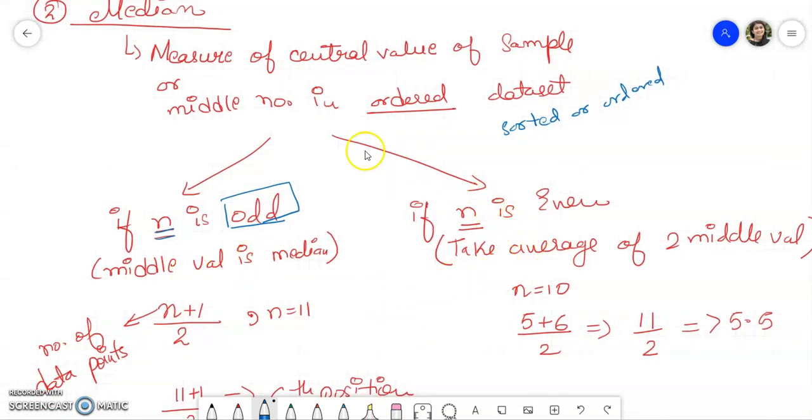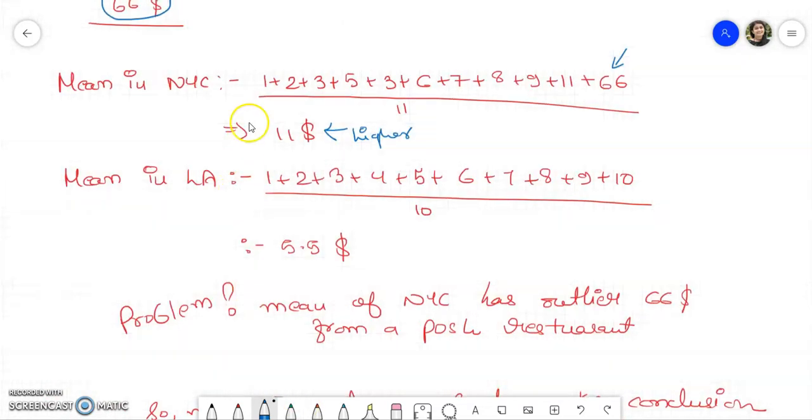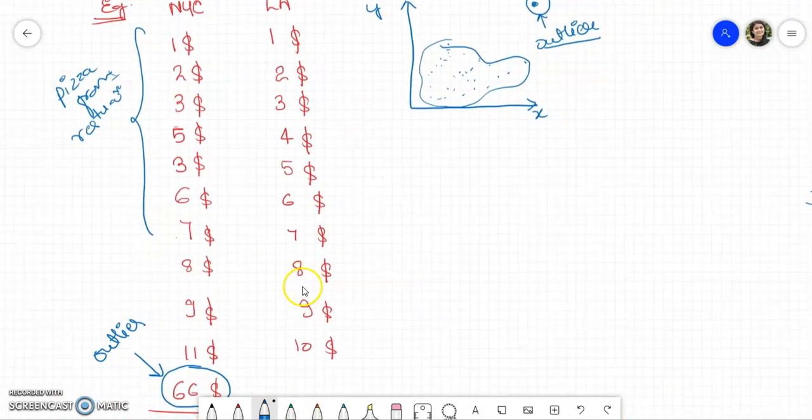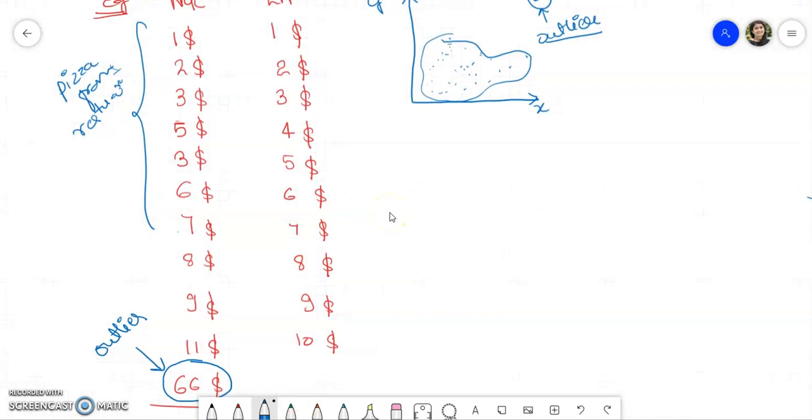I'll explain with the same example. If you see here, the number of data points is n equals 11 for the data points present in NYC. The formula for calculating the median when n is odd is (n plus 1) divided by 2.